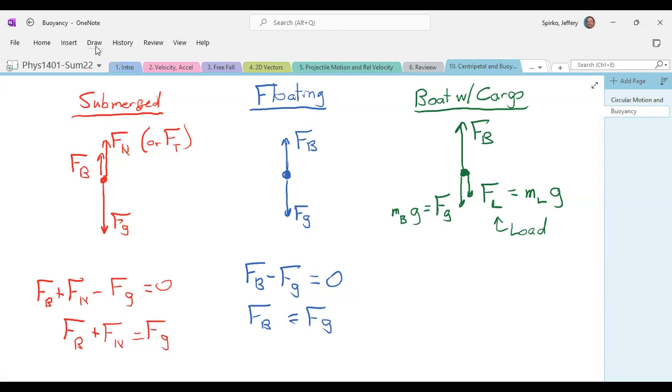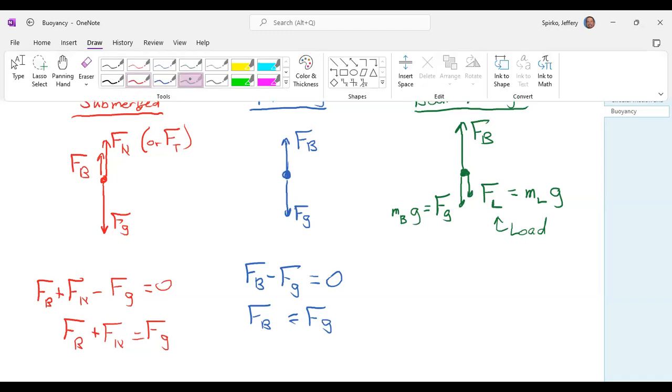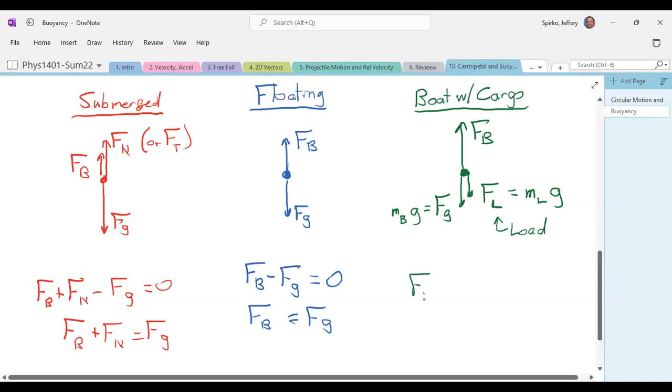And then in the boat with cargo, we have F sub B minus F sub G minus F sub L equals 0. Or the buoyant force has to make up for both gravity and the weight of the load.